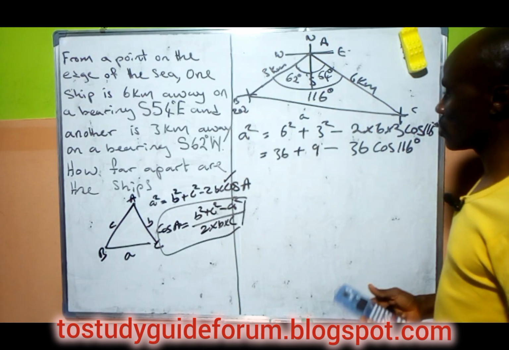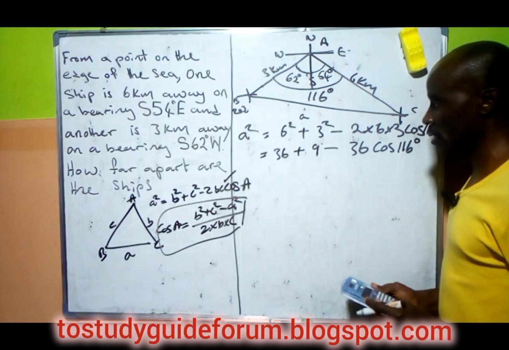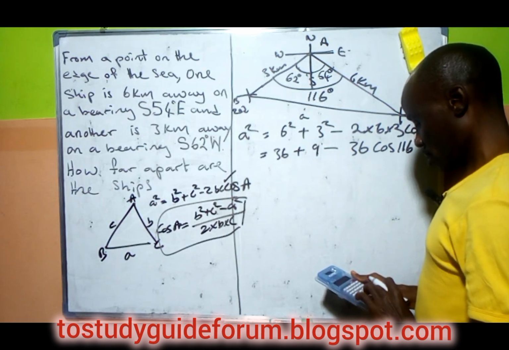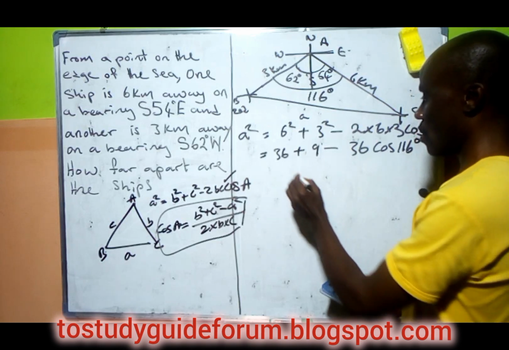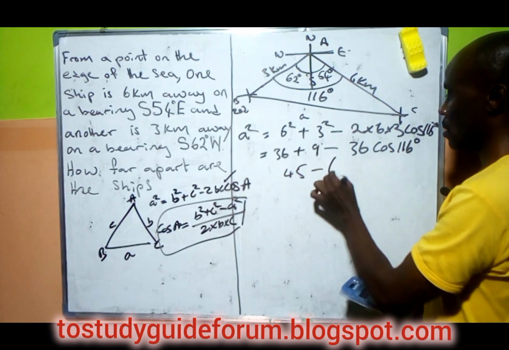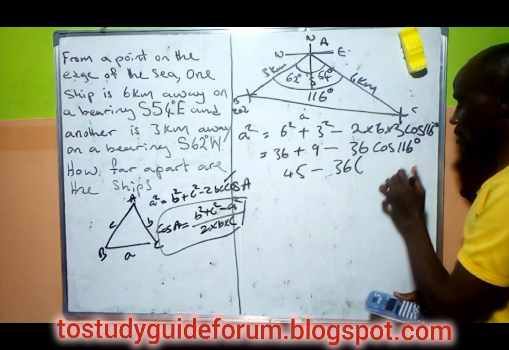So the next one here, we sum this up: 36 plus 9, we have 45, minus 36 cos 116.